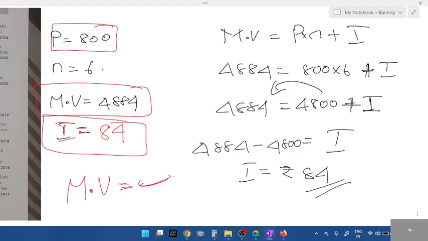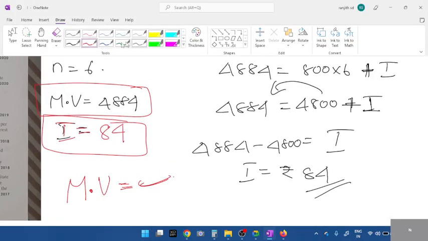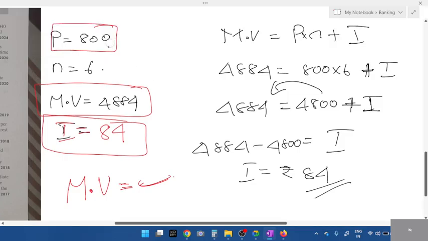All these are board exam questions from the past 7 years. And whenever maturity value is given, give preference to maturity value. You'll get the answer. Don't apply the interest formula here because R is missing. If you apply interest, R is missing, you won't be able to find it.